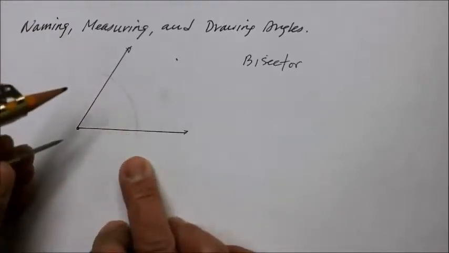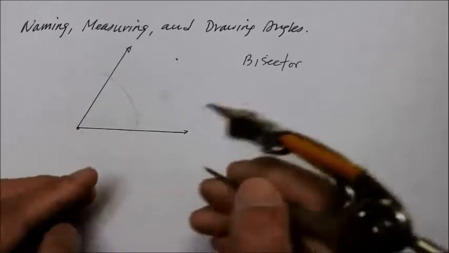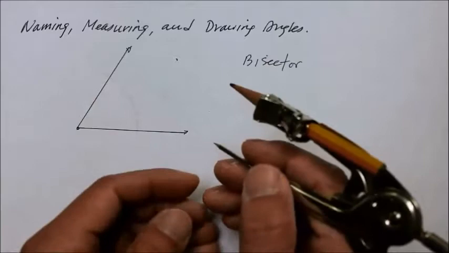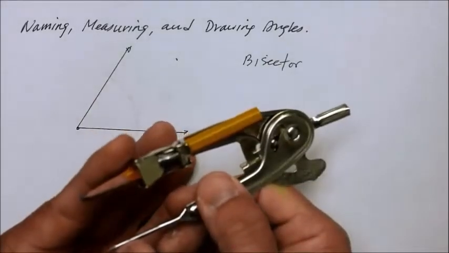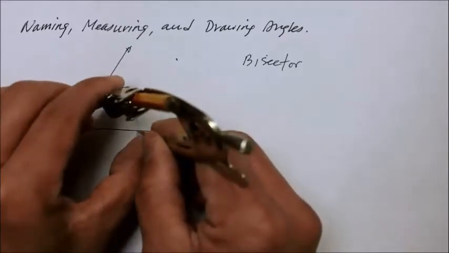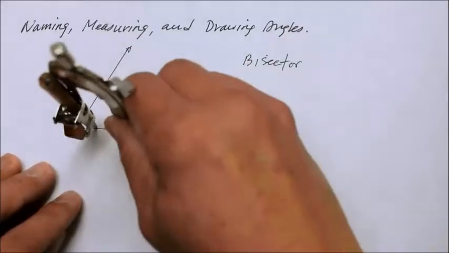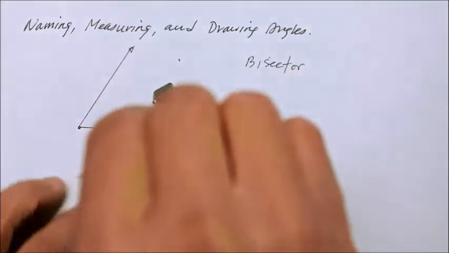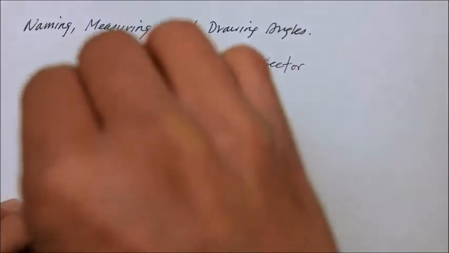And then what you want to do is come over and use those points where it intersected the rays as a pivot point, meaning that's going to become the pivot of this arc. And you want to draw another arc right here, and make sure you go all the way around. It's kind of hard to see here. There we go. There it is.